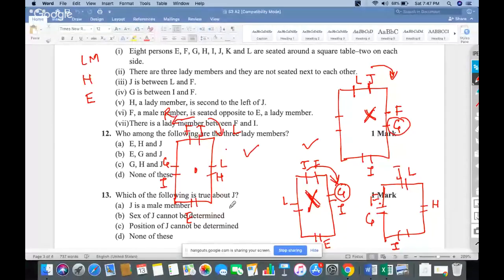There are two places left out. Now how many places are left out?